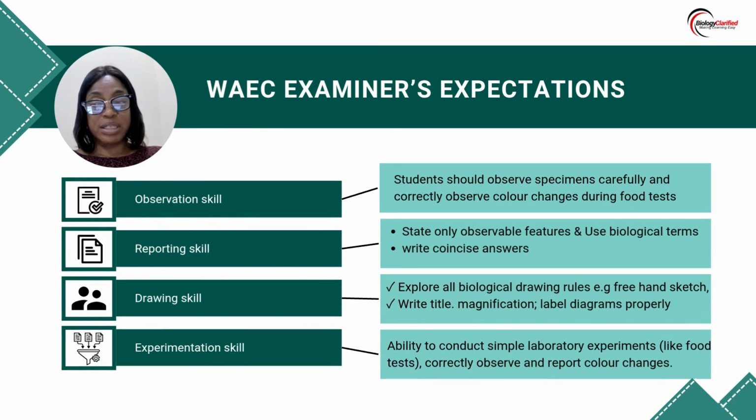Then your reporting skill: state only what you can see, meaning that you state only observable features of the specimen. Use biological terms. Write concise answers. Don't be writing stories. We do not mark stories in biology. We mark biological terms, points that are sensible and direct, no stories.